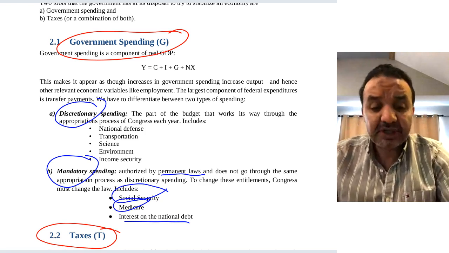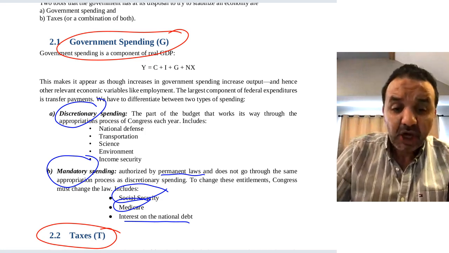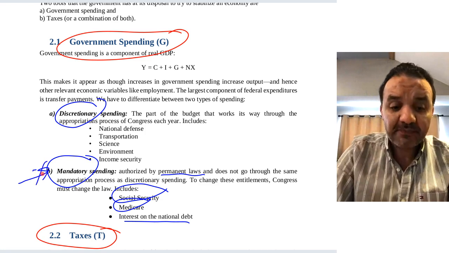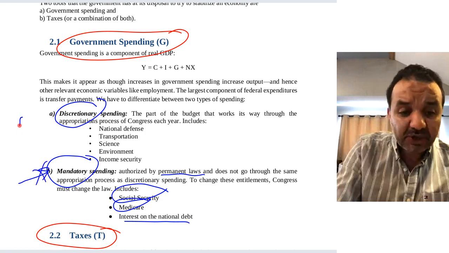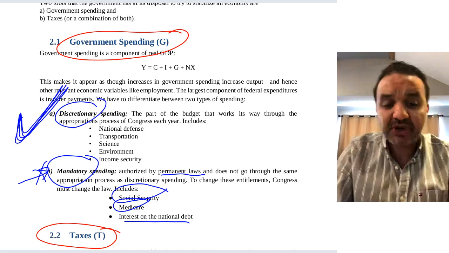These are mandatory spending, and these are authorized by permanent law. The fiscal policy is not related to this type of spending. The fiscal policy is related mainly to the first type of spending, which is discretionary spending.